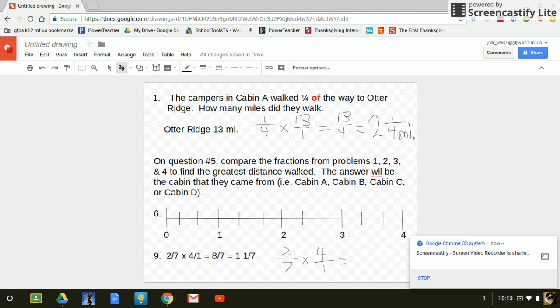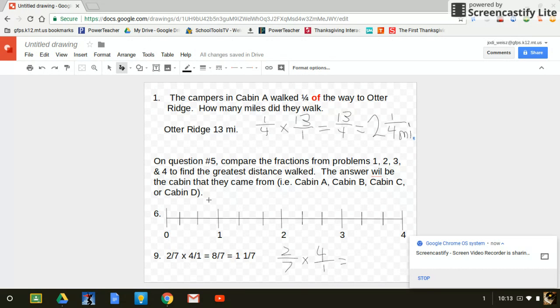Once you find the greatest distance, you're going to see which cabin that is for. Problem number 1 is cabin A, problem number 2 was cabin B, problem number 3 was cabin C, and problem number 4 is cabin D. So which one of those had a greater distance walked? That's going to be your answer using the cabins.